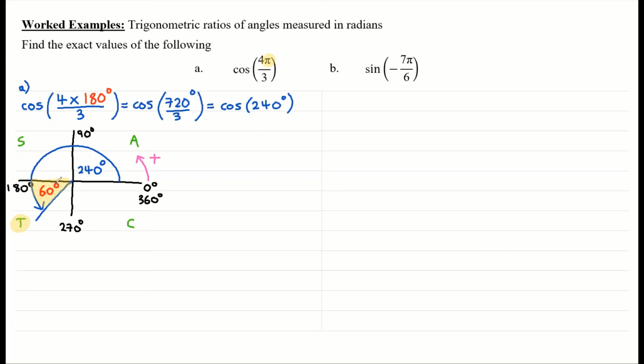Now, we know from the previous work that I can now put an equivalent angle in the acute section of the diagram. So I'm just going to remove this 240. Just remove that. And let's put an acute angle on here, which is going to measure 60 degrees also.